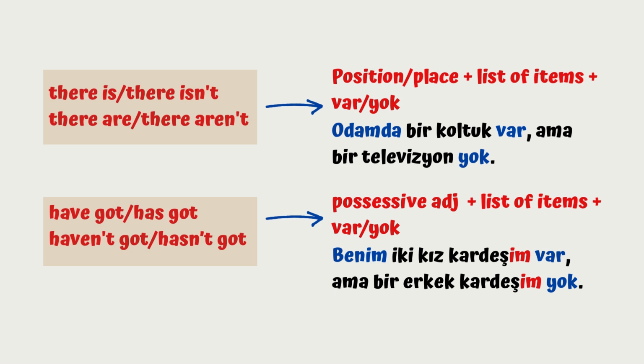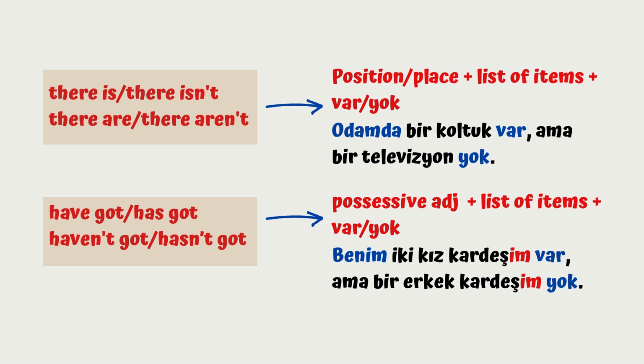So if you want to say have got, has got, or haven't got, hasn't got, then the sentence is going to start with a possessive adjective, end with var or yok, and in the middle you're gonna list the items. Like in this example, benim 2 kız kardeşim var ama bir erkek kardeşim yok. Don't forget to add the ending for the possessive adjective. In this case, it's benim. So kardeş becomes kardeşim.